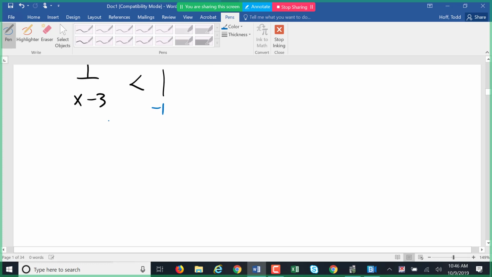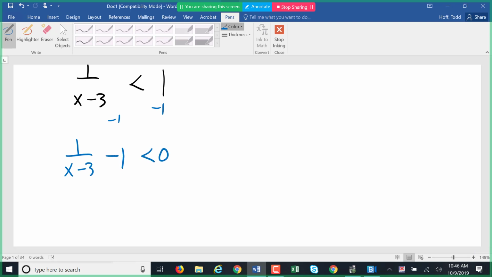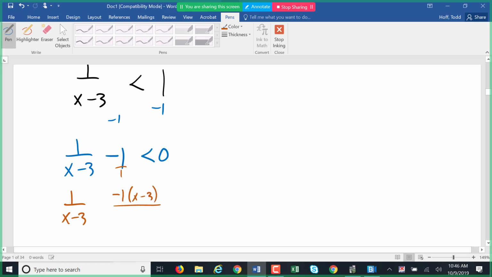So now we have to subtract 1 from both sides. So I have 1 over x minus 3, minus 1, is less than 0. I need a common denominator. So I'm going to take that negative 1 over 1 and multiply by x minus 3 on top and bottom.